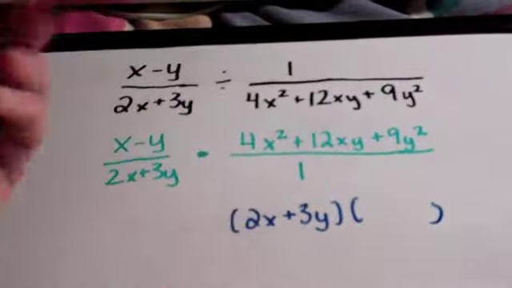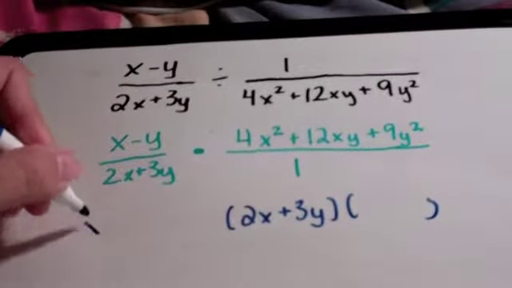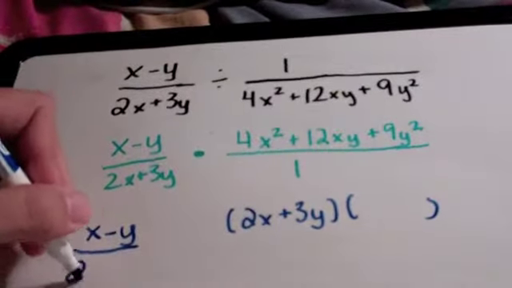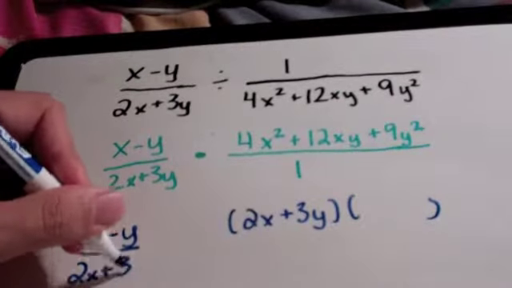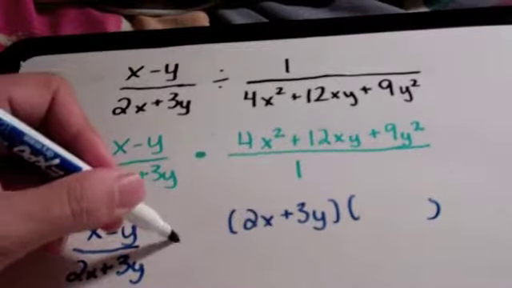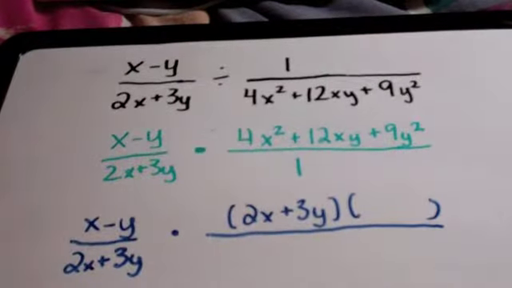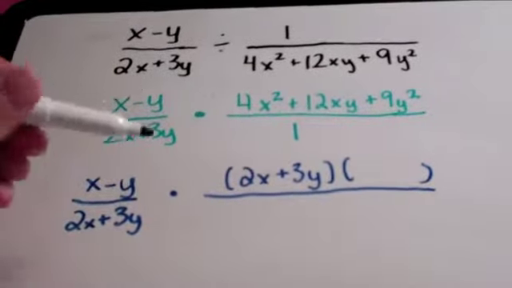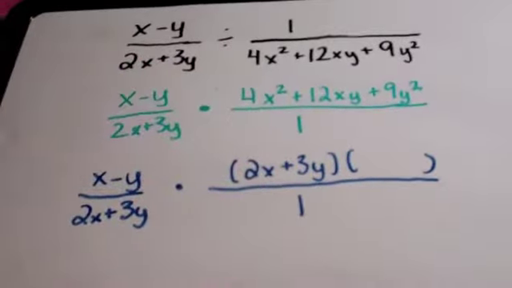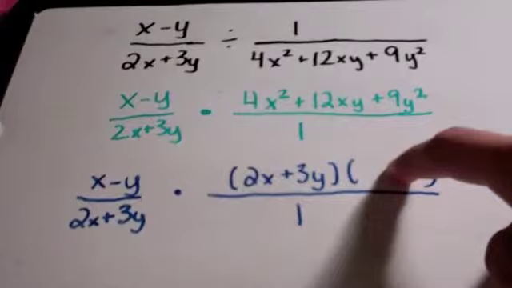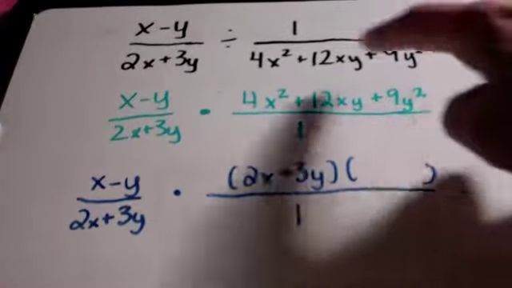And we need the second piece of that binomial. So I'll rewrite the rest of the problem first. So this whole piece stays the same. And with this part, we still have a 1 down here. We need to figure out what we can put in this term to multiply out to here.